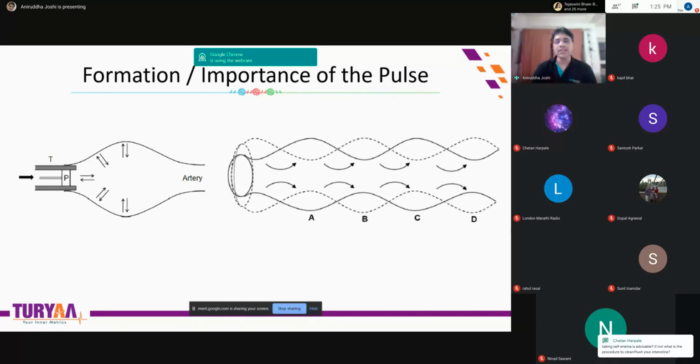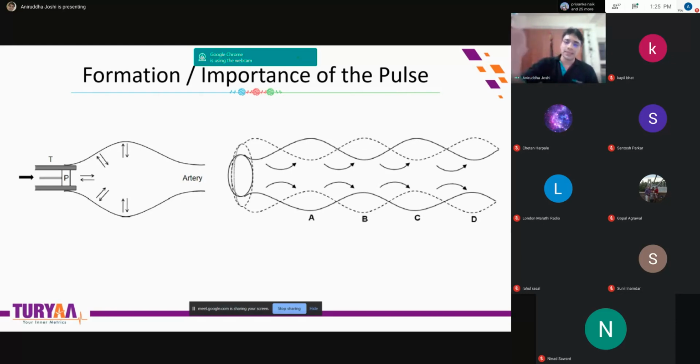So on the right hand side, you can see that one pumping action is making fluctuations at some location. Yesterday we also heard that at so many locations we can feel the pulse, but this was developed further because it's accessible. You can touch it. A Vaidya can feel the nadi of another person, and that's why it was developed further.